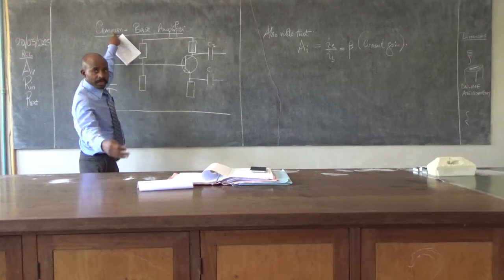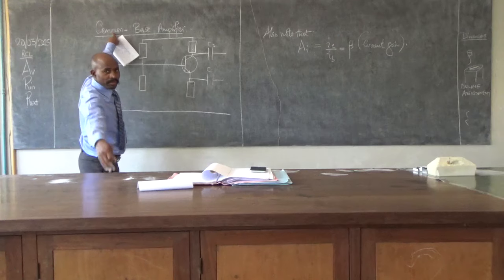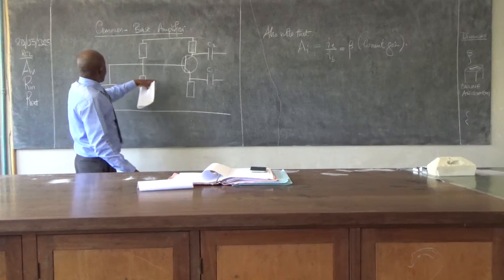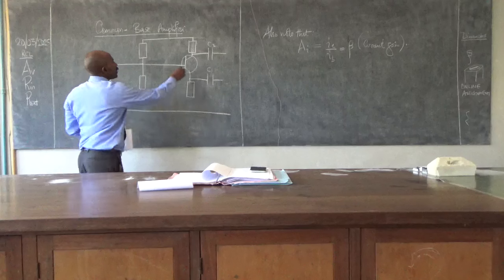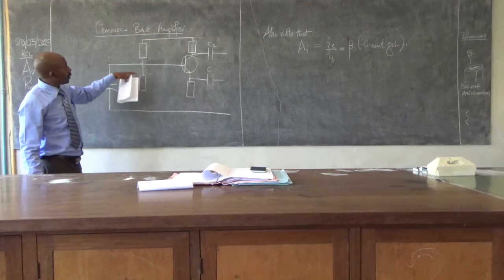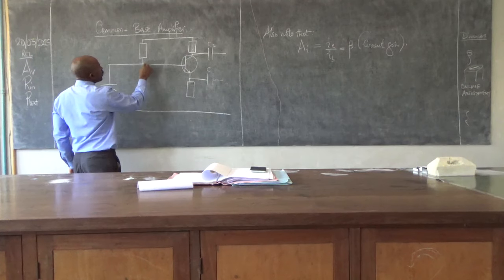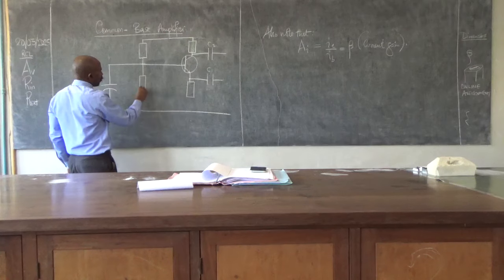When we say common emitter, it's ground emitter, ground base. That's why we have made this base here, and through this other capacitor or resistor, we have made sure that it is connected to the common.